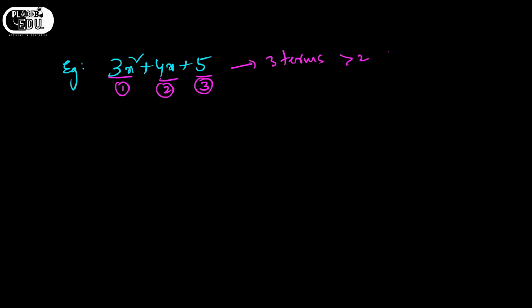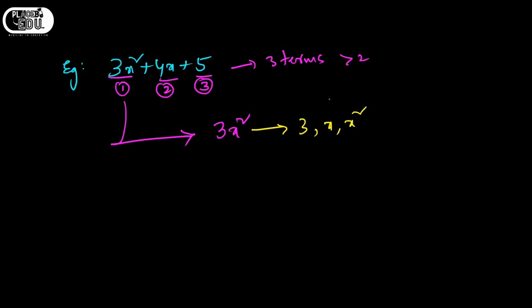Now the terms, if I consider them individually, 3x square: factors of this can be 3x and x square. Okay, I can write the factors.